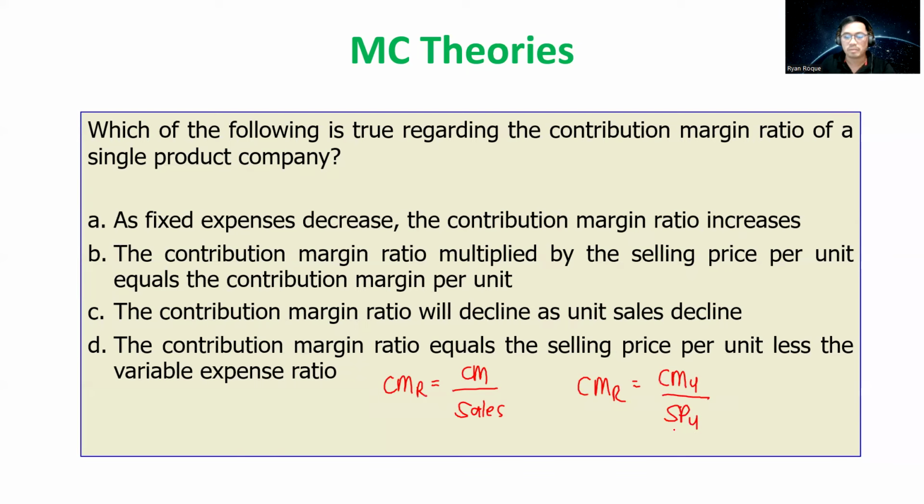If you transfer to the left side of the equation, it becomes CMR times SPU equals CMU. This formula fits letter B: the CMR multiplied by the selling price per unit gives you the contribution margin per unit. So the answer is letter B.